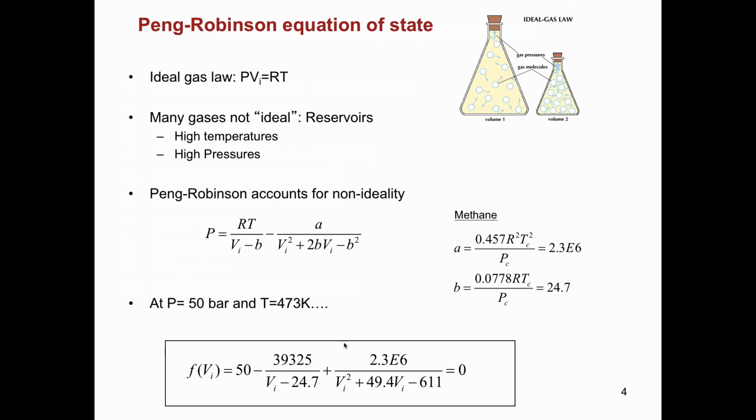So in that case, I have Peng-Robinson, and Peng-Robinson is a nonlinear equation. It tells me that pressure, I still have P, V, T, and then there's this A, B, and R. Great, given a fluid or gas like methane, I know what A is, I know what B is, these things are tabulated.